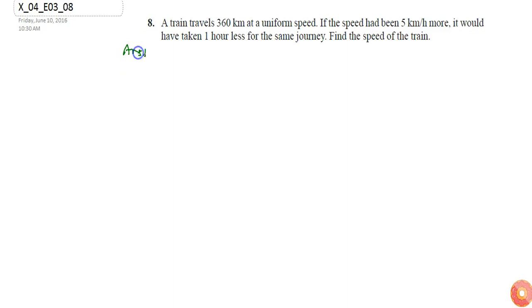Let's say the speed of the train is x kilometer per hour.